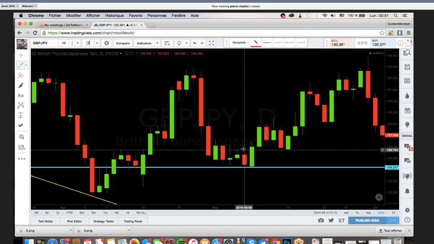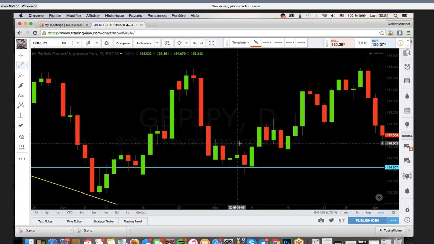So what I would have done, me personally, I never buy right away. I would have put a buy stop right over the wick. For example, look, the price went to 156.44.